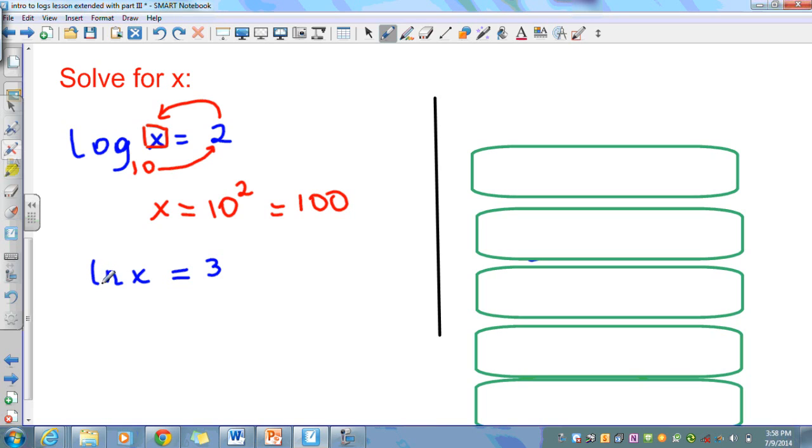And in this situation, ln of x equals 3. Again, the question is to solve for x. And in this situation, the unknown or the hidden base is e. So we can say that x is equal to simply e to the third. And you can evaluate that using your calculators. So it turns out to be that x is equal to roughly 20.09.